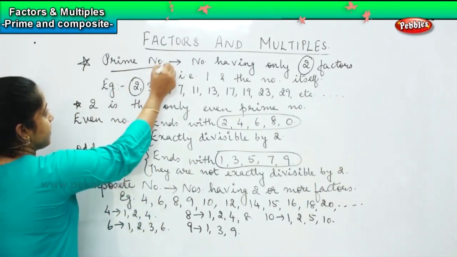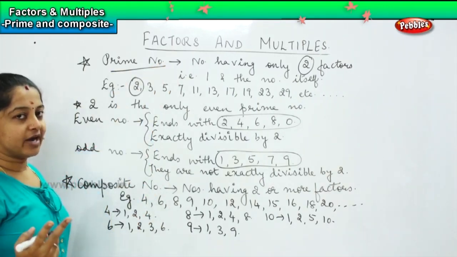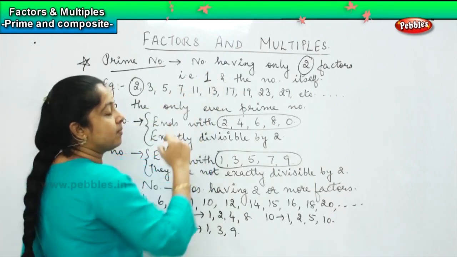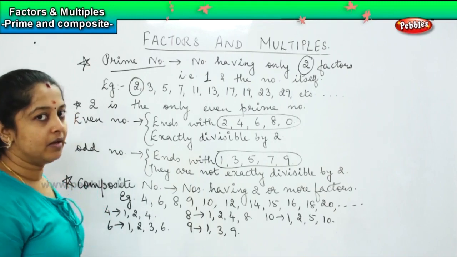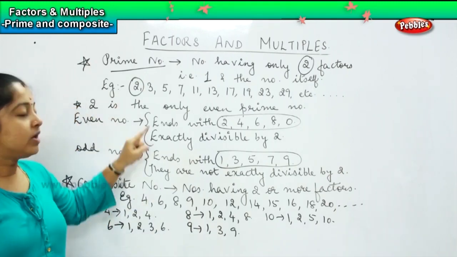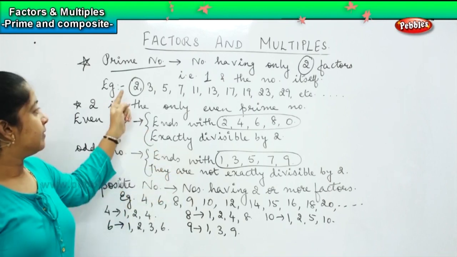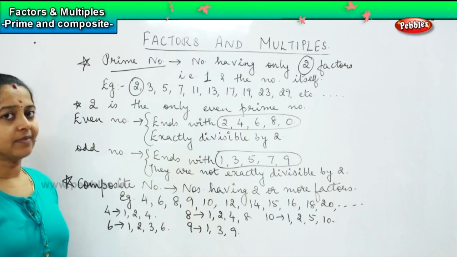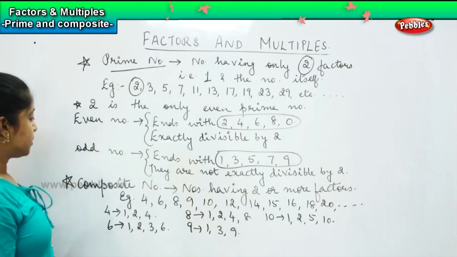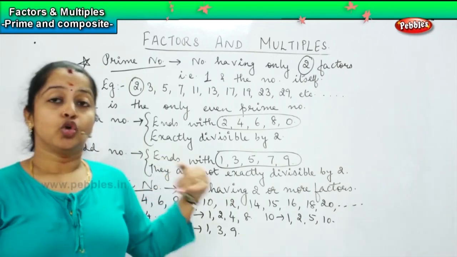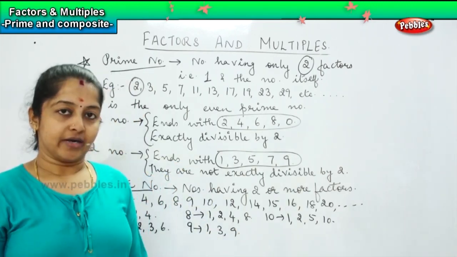A prime number is something which has only two factors, that is 1 and the number itself. It cannot be divisible by any other number, and they are called as my prime numbers. 2 is the only even prime number, and the remaining all are odd prime numbers. The second concept that we learned was composite number, and a composite number is something which has two or more than two factors.